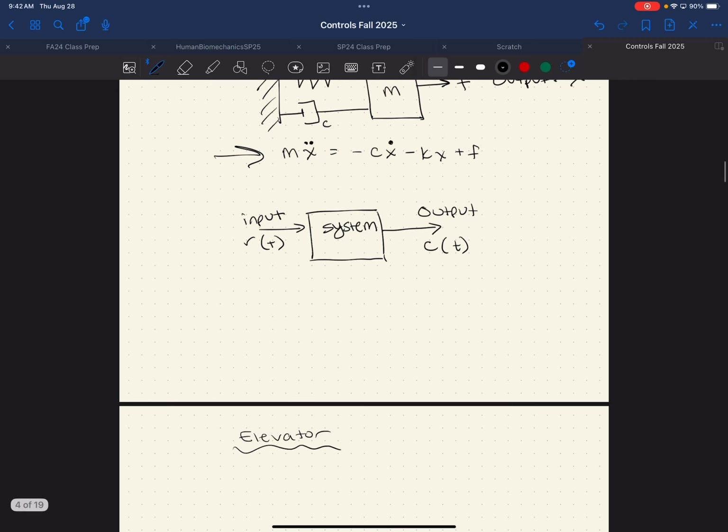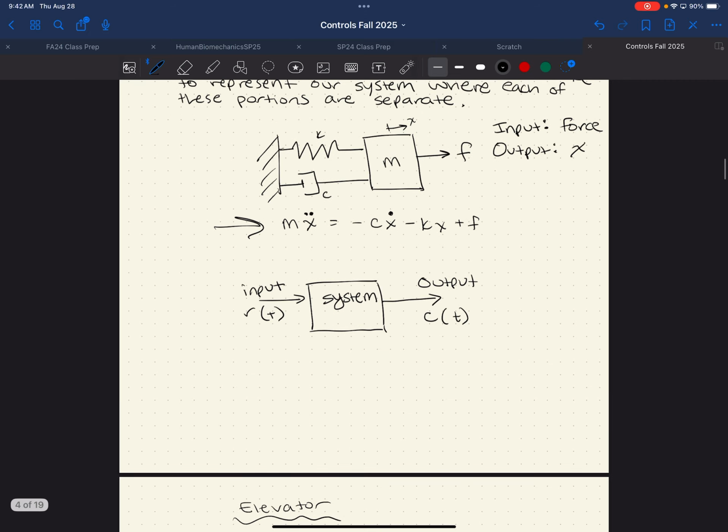Okay, so this is all well and true. This is great. But this is also a simplification. So it is also possible that our system is something really complex. Our system is so complex that it's actually made up of a bunch of subsystems. And these block diagrams can still handle this.